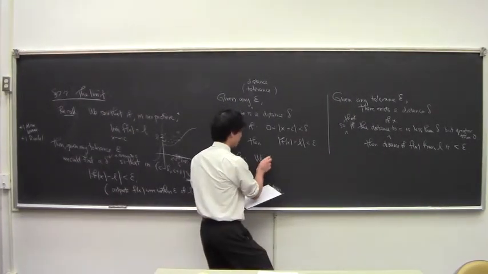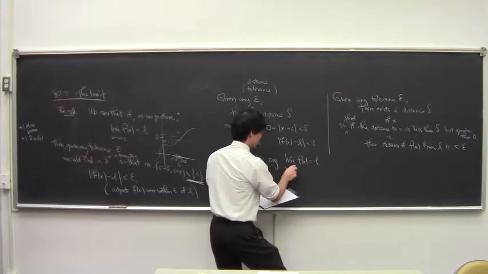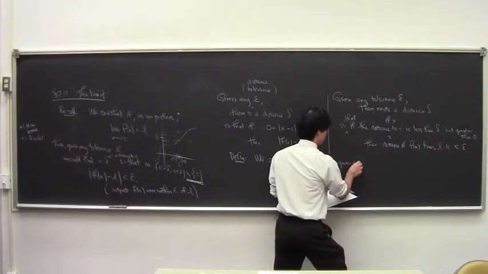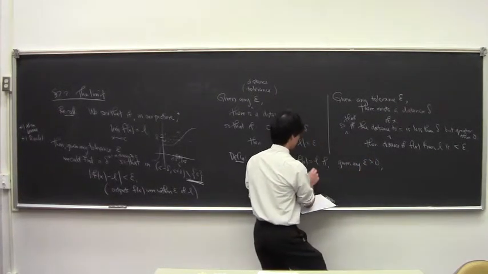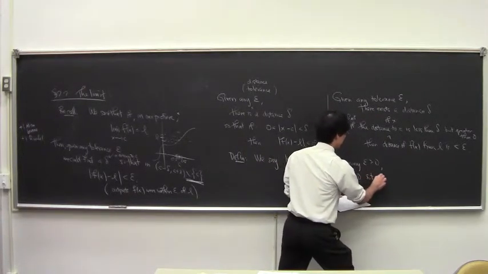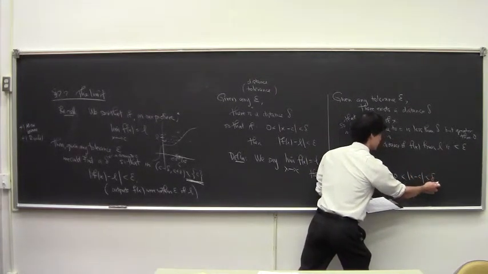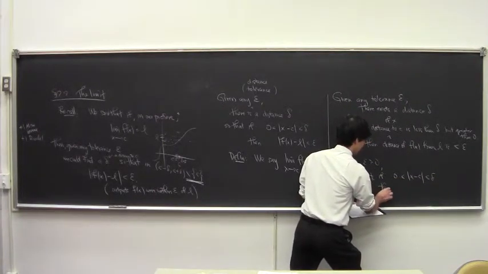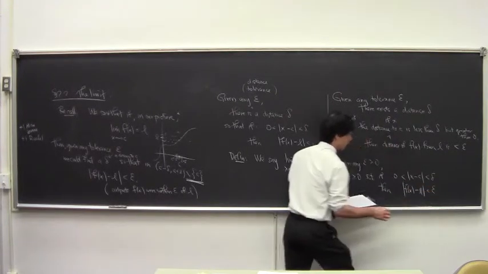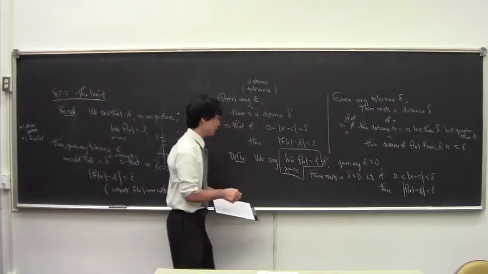So we say, in fact, the limit of f of x is L as x approaches c if, given any epsilon greater than 0, there exists a delta greater than 0, so that if the distance of x from c is less than delta and greater than 0, then the distance of f of x from L is smaller than epsilon. This is the definition of the limit.